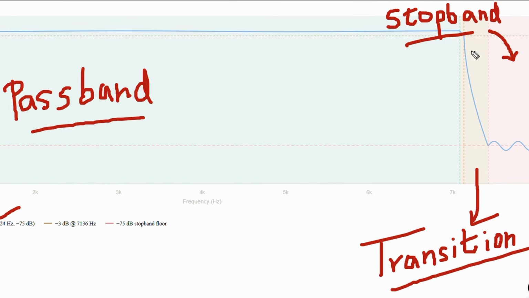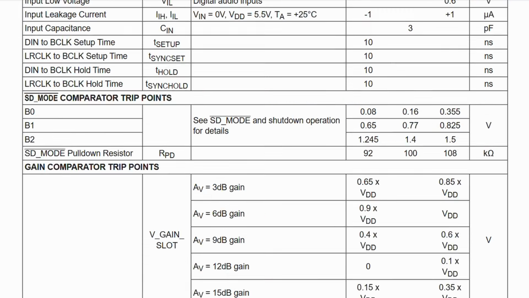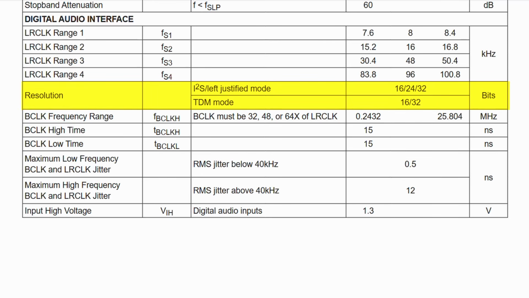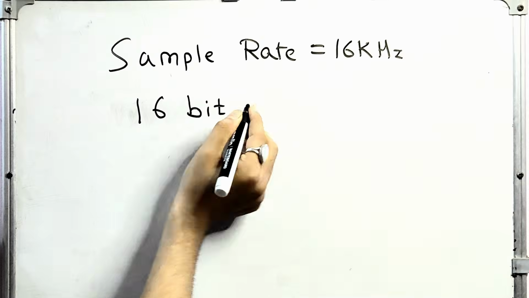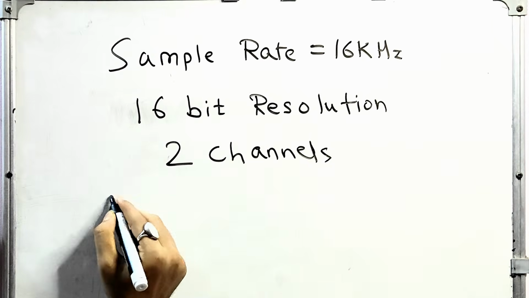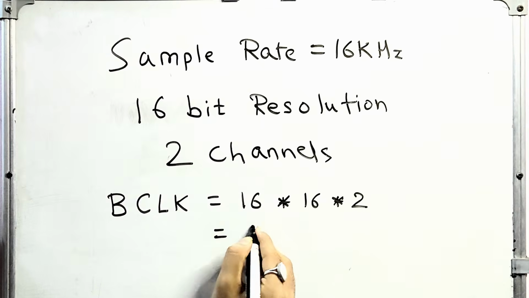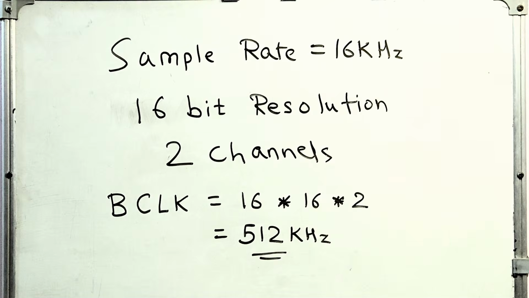Moving on to I2S timing, we have BCLK, LRCLK, and the data line. The chip supports 16, 24, or 32-bit audio, and BCLK must be a multiple of LRCLK. For 16 kHz sampling, 16-bit audio with 2 channels, left and right, BCLK equals 512 kHz. This value is within the expected operating range.